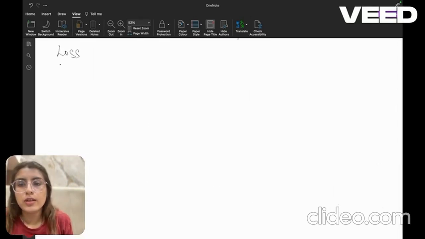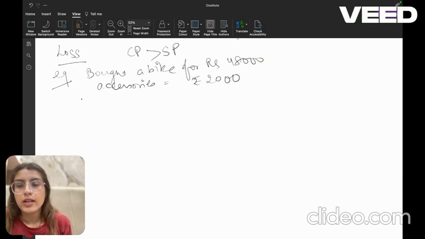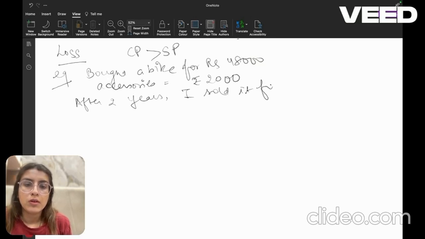Similarly, I can calculate loss. So what is loss? Loss is when our cost price is greater than our selling price, right? So let's take an example. Suppose I bought a bike for rupees 48,000 and I spent 2000 rupees on accessories, and later, after 2 years, I sold it for, let's suppose, 36,000.